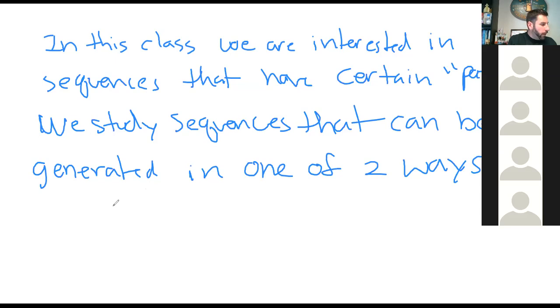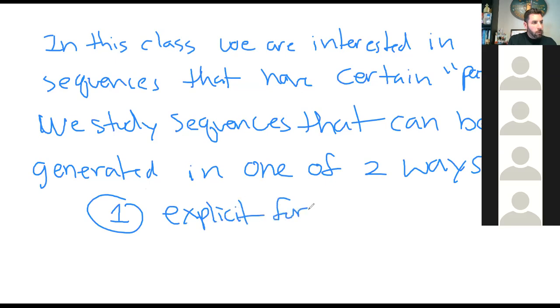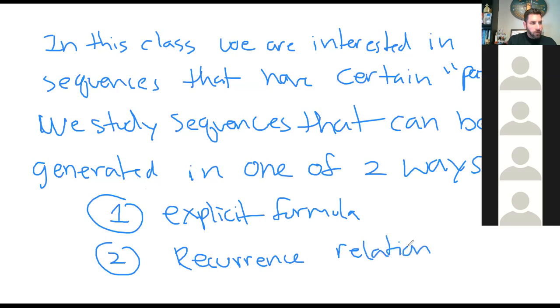So the first way, which is the most common that we care about, is explicit formula. And the second way is what's called a recurrence relation. So we're going to give examples of both of these in a second to see what I mean. Because right now it might not be clear what the heck am I talking about. What does he mean to generate?